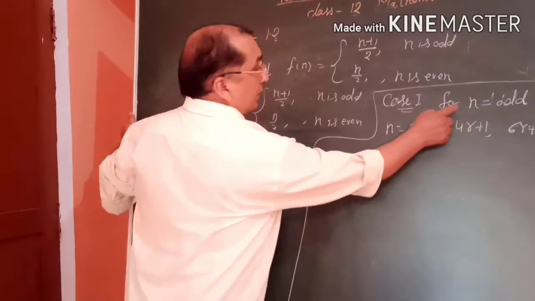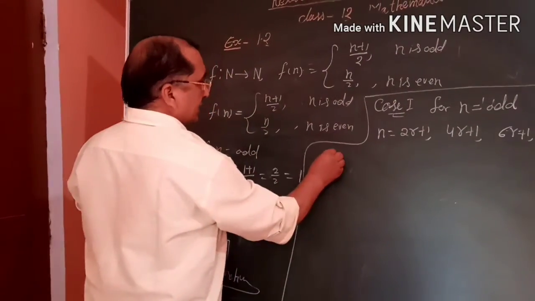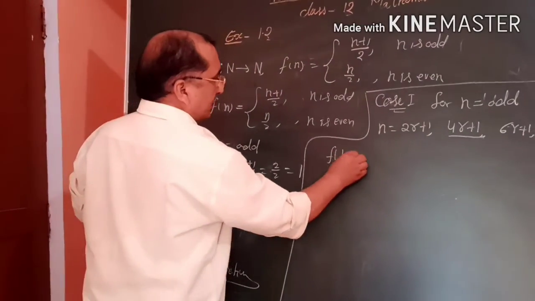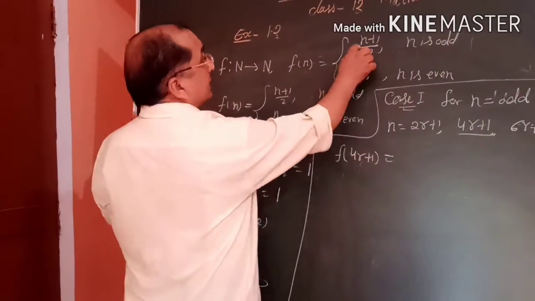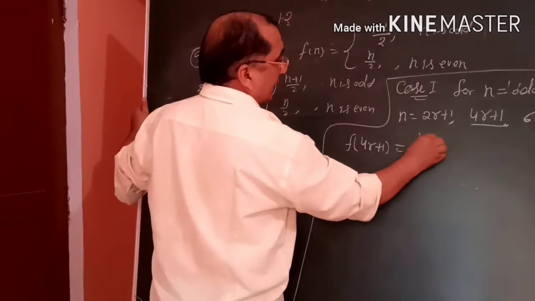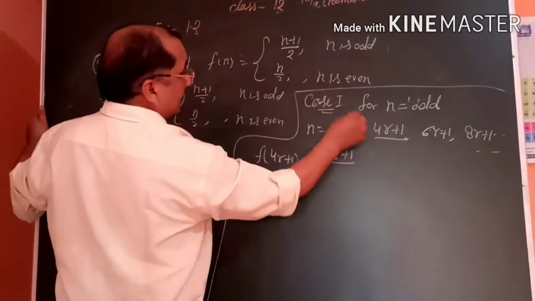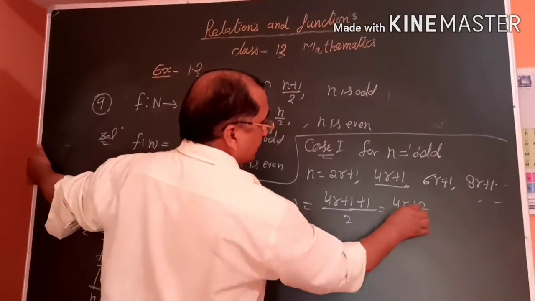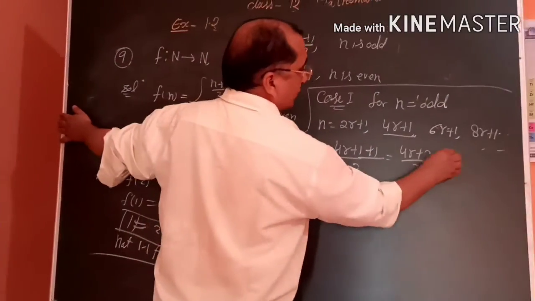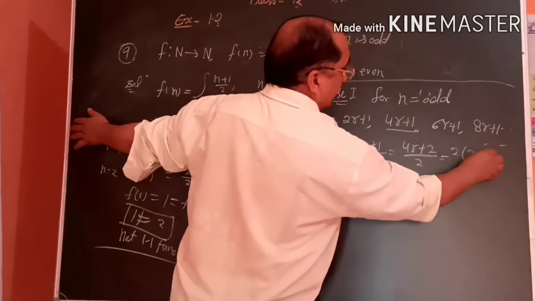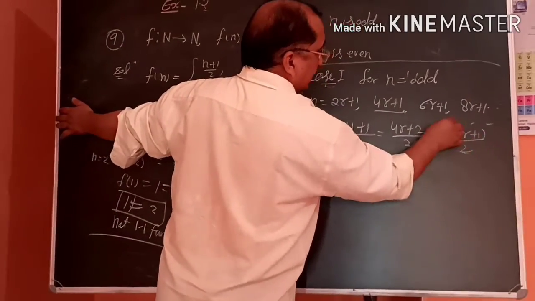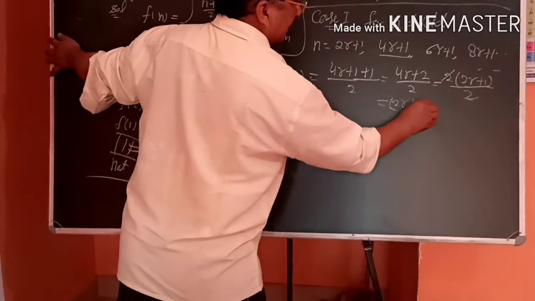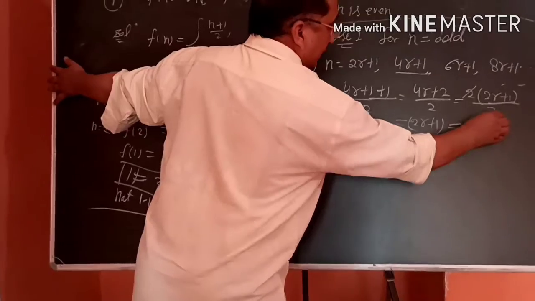So in case of the odd number, what will the function be? In case of this one, I am putting here 4r plus 1. So 4r plus 1 plus 1 upon 2 will come, 4r plus 2 upon 2, 2 will come common, and 2r plus 1 is coming, and this is also an odd number.